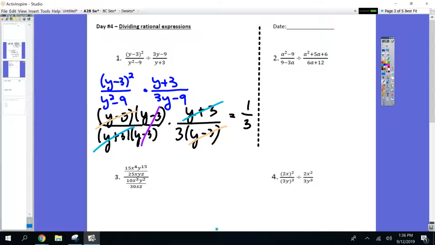Do you want to see me flip it, or can I factor and flip at the same time? What are we comfortable with here? Can I do both, or do you want me to do step by step here? Whatever makes you comfortable. So what would you like to do?